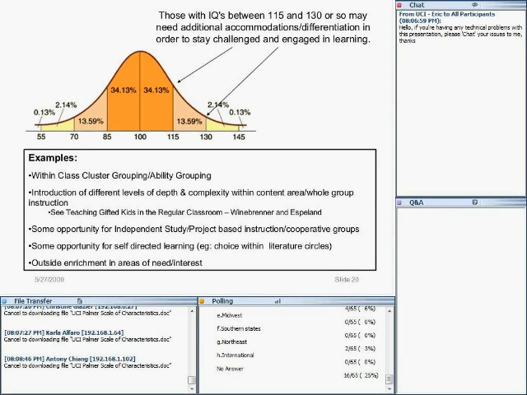Some don't need that, and they need to go more in depth. So those kids between 115 and 130, sometimes they're called high achievers, and that's good. They're motivated and they like school and they work for grades, and some of them like pleasing a teacher and see themselves as good in school and perform, and that's where a lot of these kids are, the high achieving group. The next slide, 21.